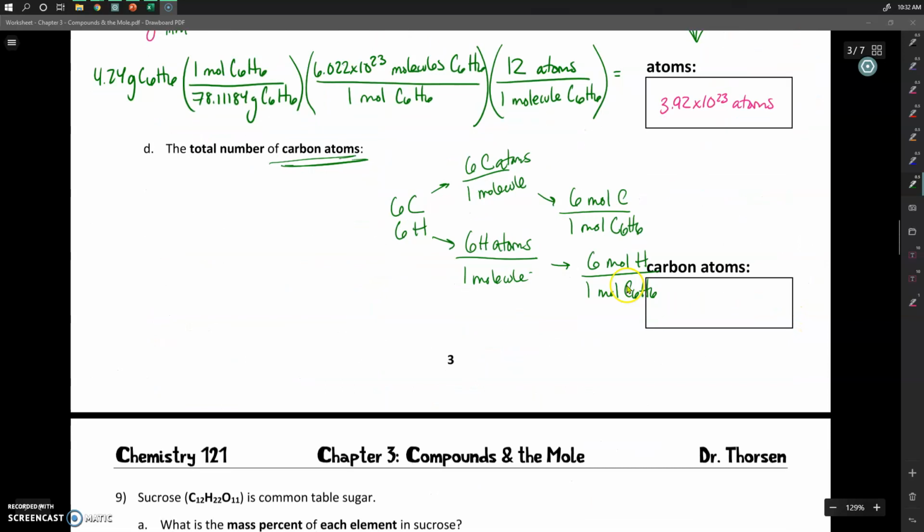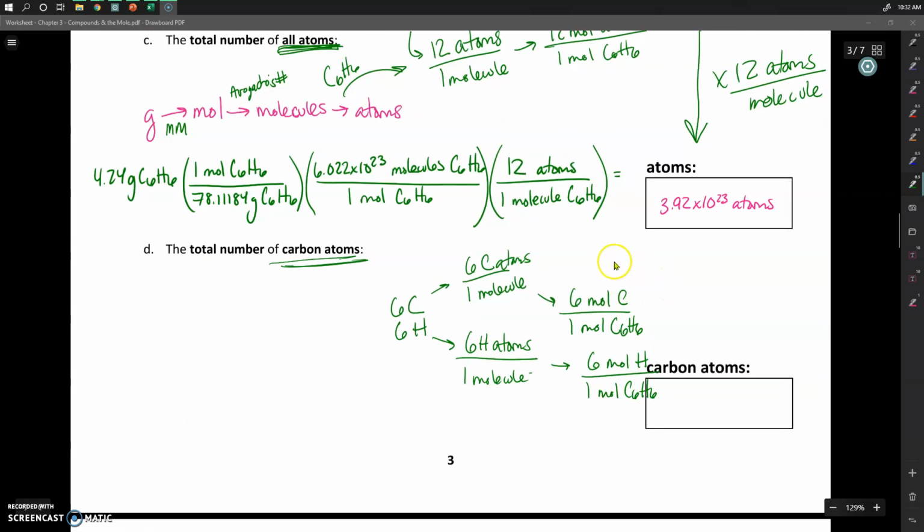So moving on to this last part. Part D is very similar to Part C. We're simply going to change this last conversion factor because we don't want to know the total number of atoms. We want to know how many carbon atoms specifically are in this 4.24 grams. So we're going to change this approach slightly.